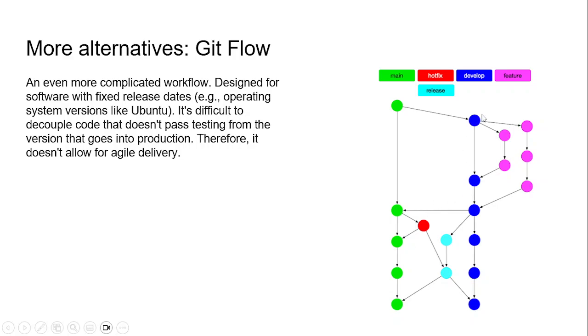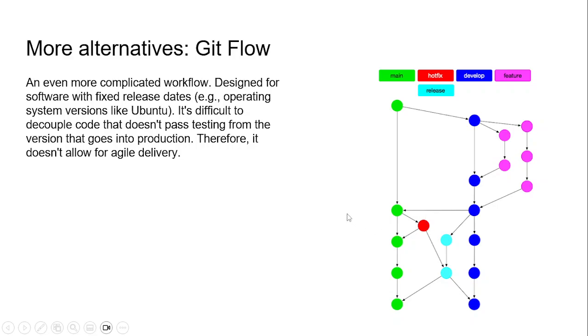As we can see, from the main branch we have a develop branch. From the develop branch we have the features. We merge the features again to develop, but then we have multiple choices. We can use this release branch, because this is what we actually release, or we can merge again to main, or we can have a hotfix.